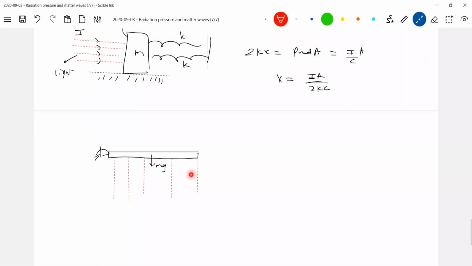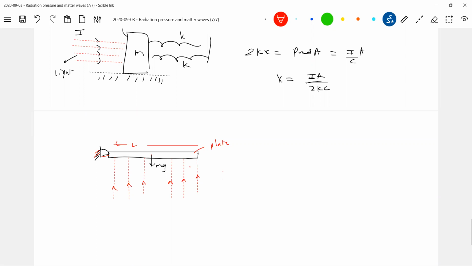Get ready for all these sorts of thinking. This incident light can set up a torque, it can accelerate a body, it can retard a body, it can keep a body in equilibrium. I think it should not be a rod, it should be a plate. Then it will exert a force.